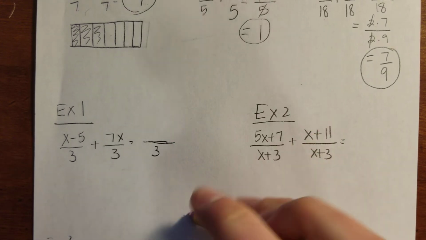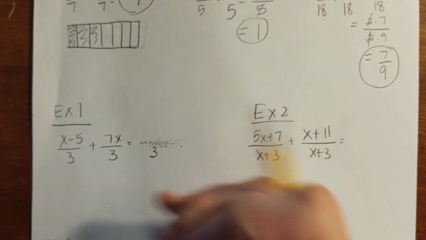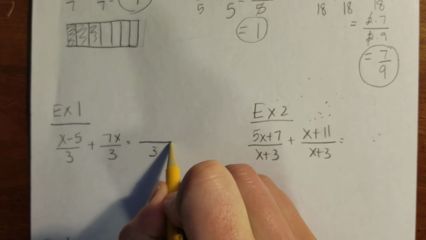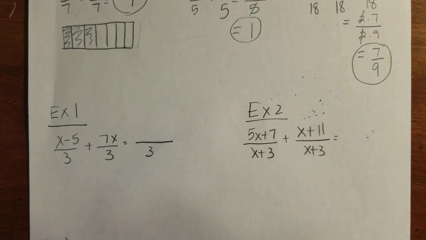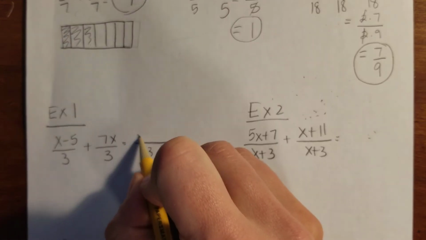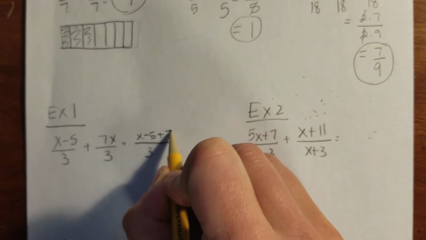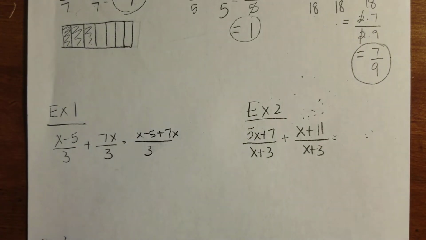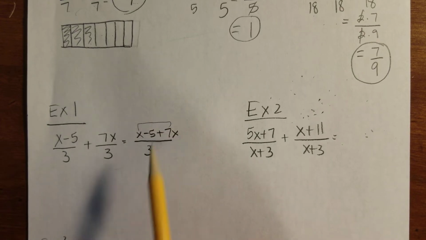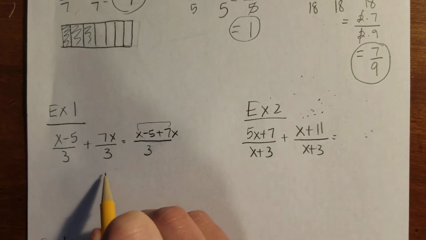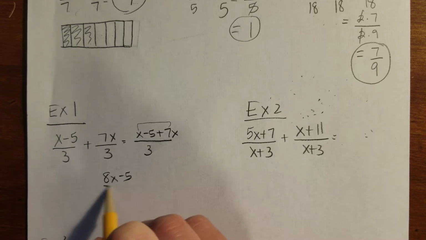Some people like to smush it all together. Some people like to just add it in their head. It doesn't matter. For those of you who prefer to see it, I'm going to write it out. So we're going to add x minus 5 plus 7x. Now we just need to find our like terms. So x and 7x. So we've got 8x minus 5 over 3.